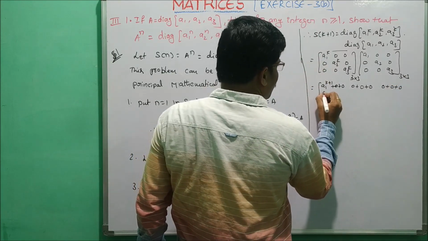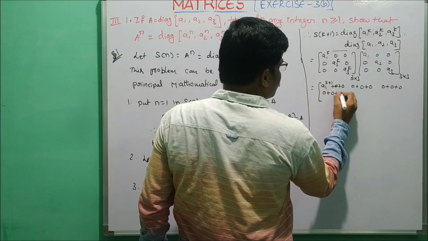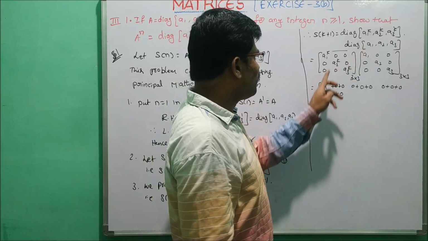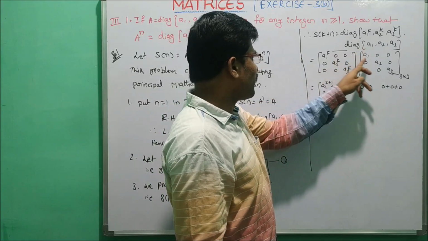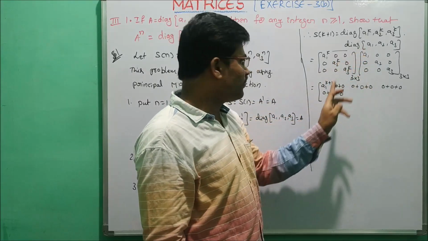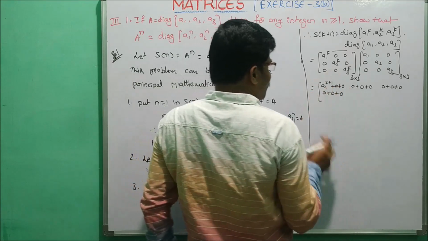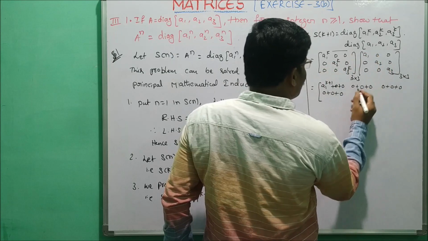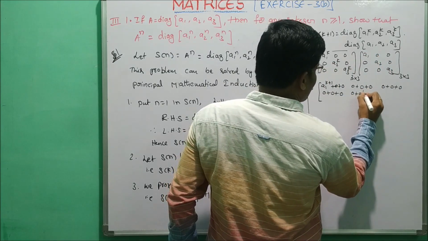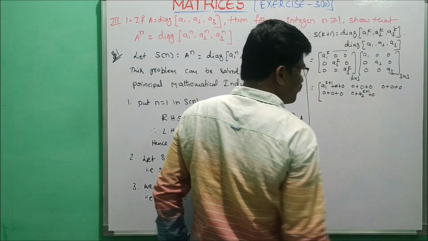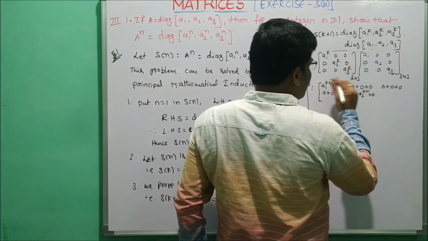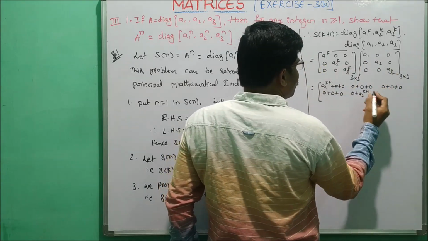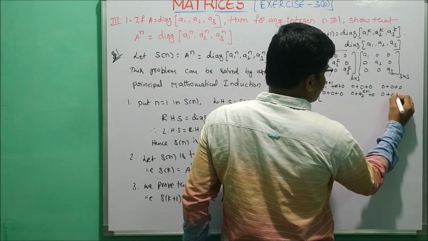So second row, first element is also 0: 0 into A1 is 0, plus A2 power k into 0, plus 0 into 0. So the second row, second element is 0 into 0 plus A2 power k plus 1 plus 0. Now we take second row, third column: this is 0, this is 0, this is 0.